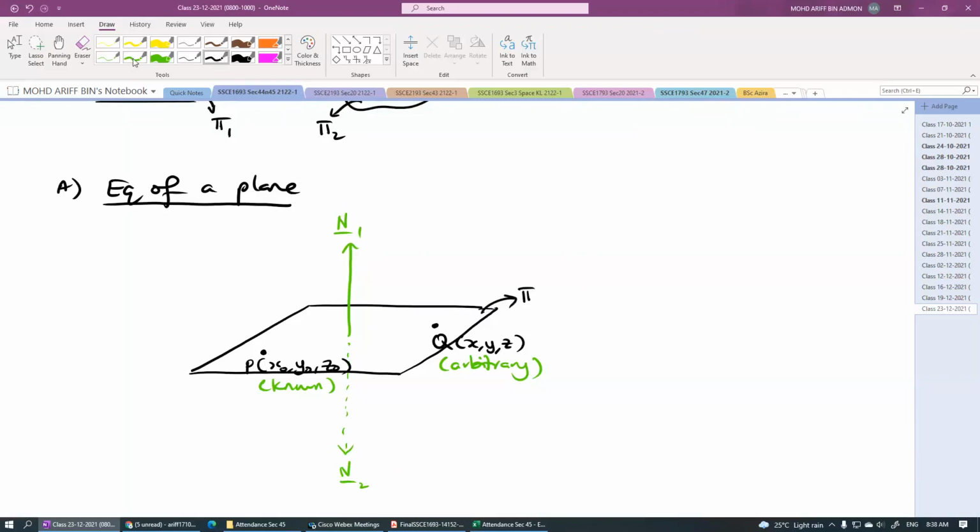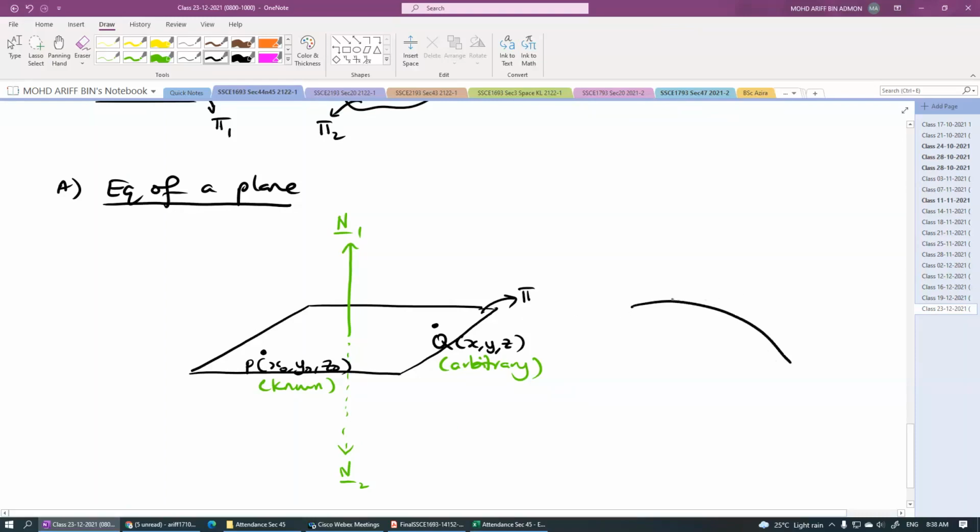If we are talking about the normal vector, it is always perpendicular to our plane. It does not matter whether you have a flat plane or a slightly curved one like this.